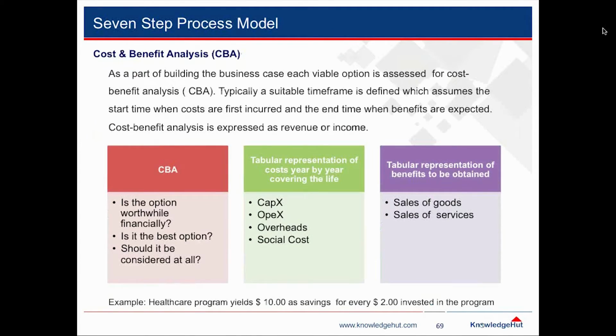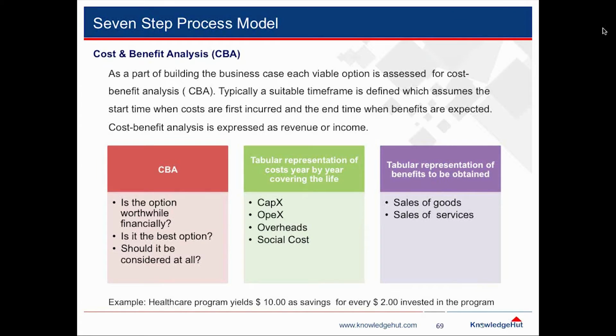You see how we go step by step deeper into also a financial cost and benefit analysis that is tied back to the more of a narrative business case that we have talked about so far. The three questions that you really want to ask when looking into a cost-benefit analysis is the option worthwhile financially?